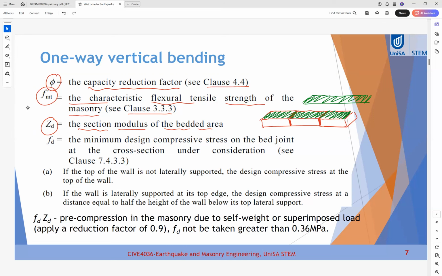If you have, this is t, for example, and this is b, you need to find Z of the bedded area equal to Zd. So Zd is the section modulus of the bedded area in millimeter to the power 3 per meter. fd is the minimum design compressive stress on the bed joint at the cross section under consideration. So fd is design compressive stress.